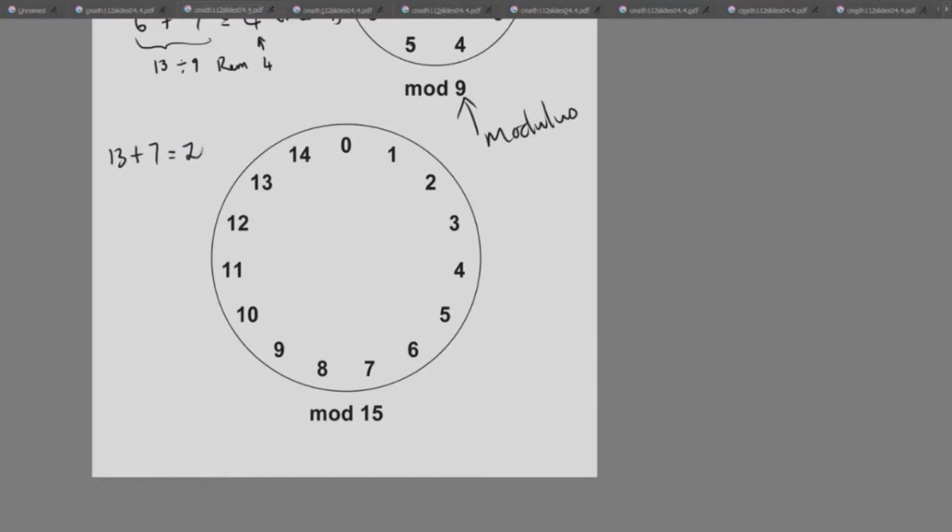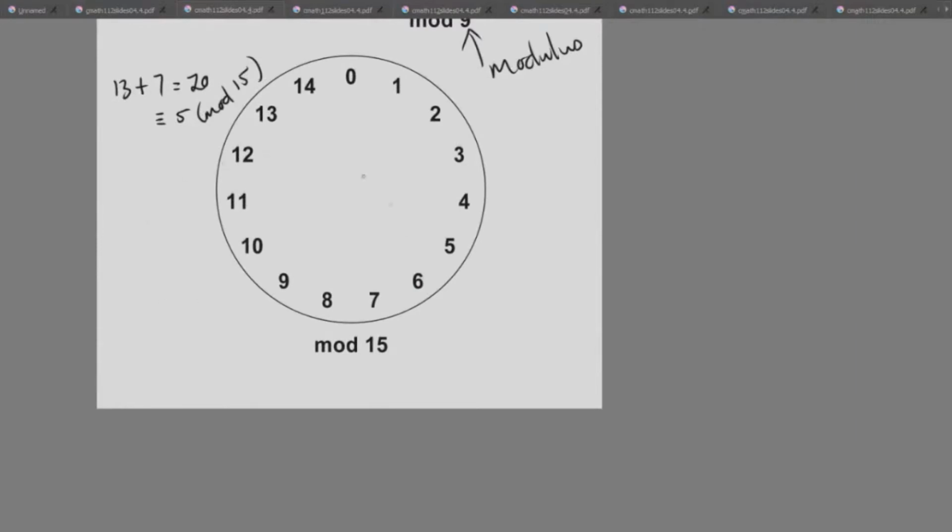I know that's 20. There is no 20 here. Once I've done a full loop of 15, 5 will be left. So the answer is 5 mod 15. It will be the same if you start at 13 and take 7 steps, 1, 2, 3, 4, 5, 6, 7, you end up at 5.